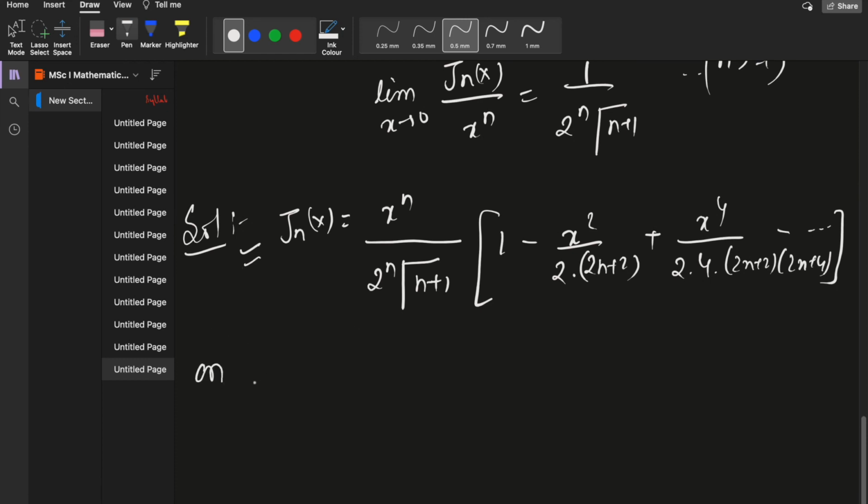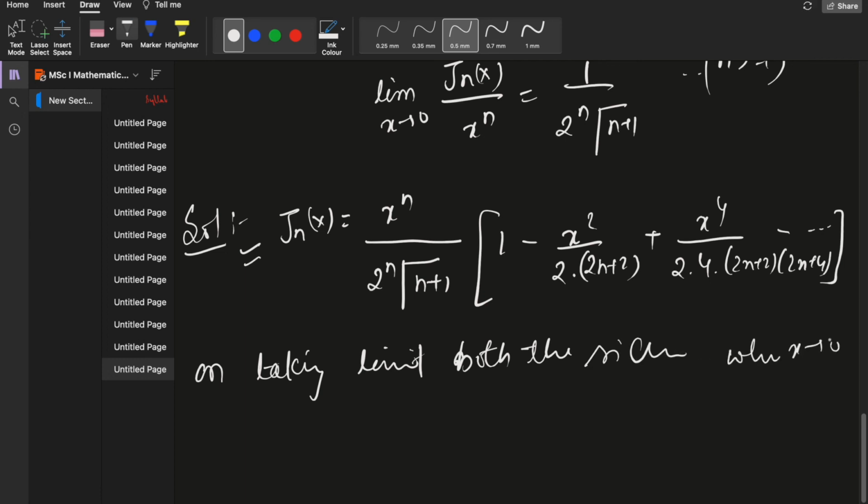So on taking the limit on both sides when x tends to 0.